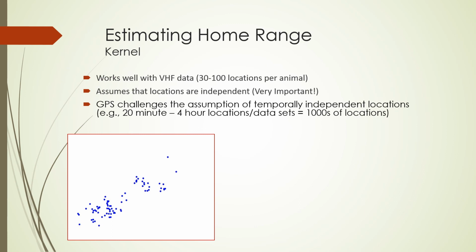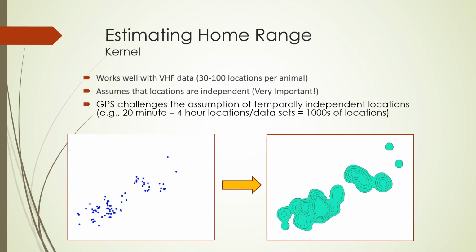But again, you have this problem of what's the proper way of estimating the smoothing parameter. There are some analytical techniques that get pretty involved, and we're not going to get into that, but suffice it to say that there's been a lot of work involved in identifying the appropriate smoothing parameter.